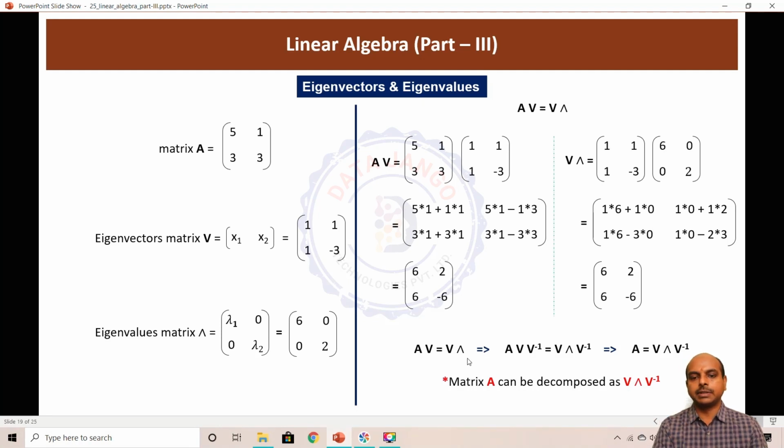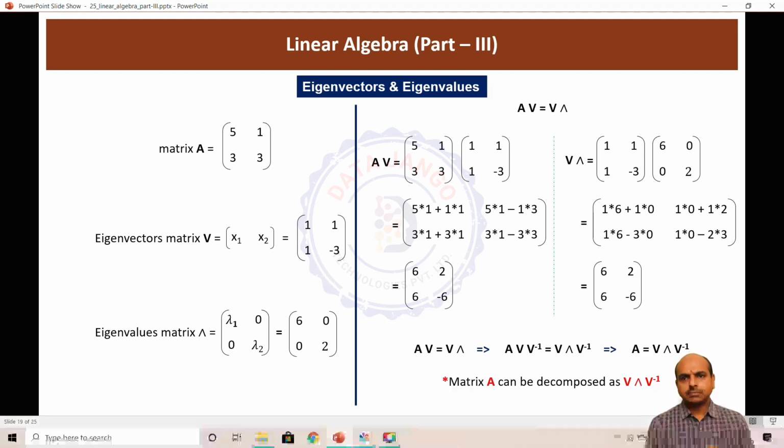That's a proven thing. So your A can be decomposed as V lambda V inverse. If you multiply by V inverse on both sides, V V inverse becomes I, so A into I is equal to A. So A is equal to V lambda V inverse. So a matrix A can be eigen decomposed into V lambda V inverse.